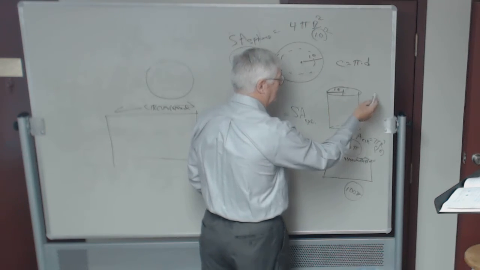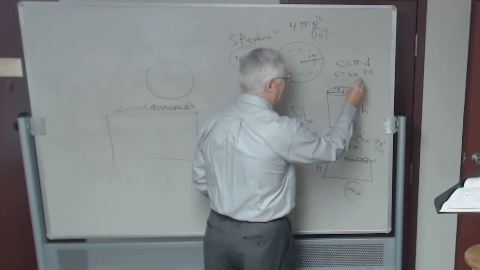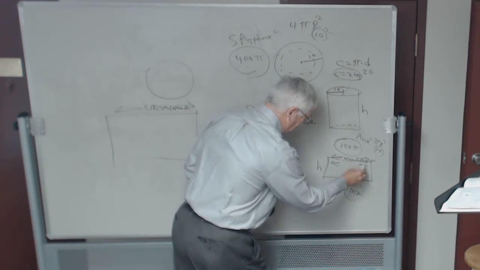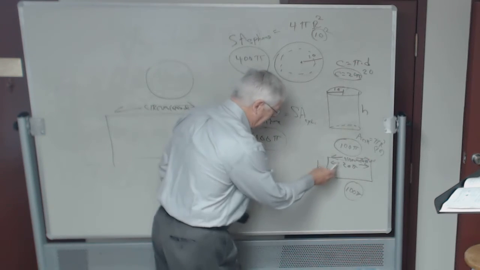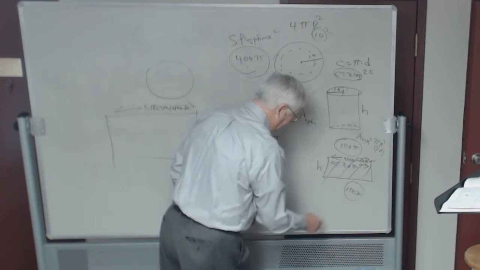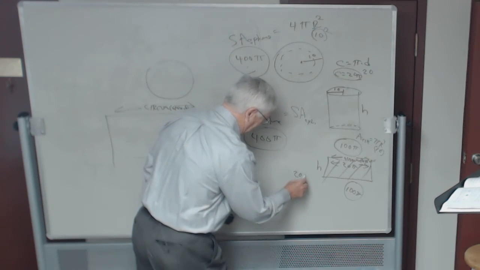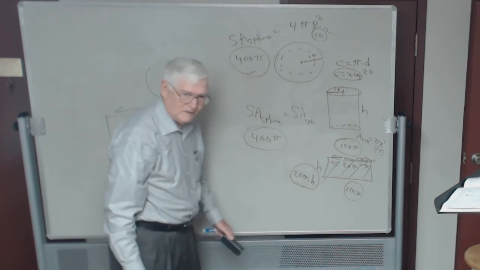If the radius is 10, what's the diameter? 20. So the circumference is 20 pi. So that means this distance from here to here is what? 20 pi. So this area is going to be what? 20 pi times h. Agreed?